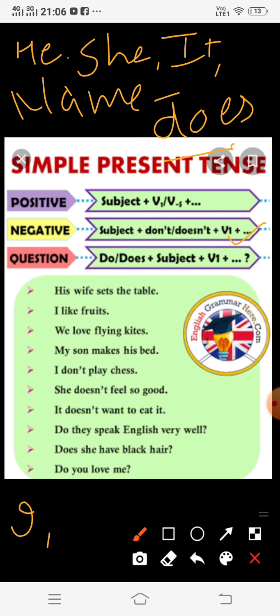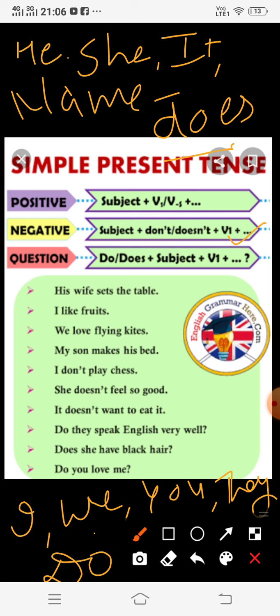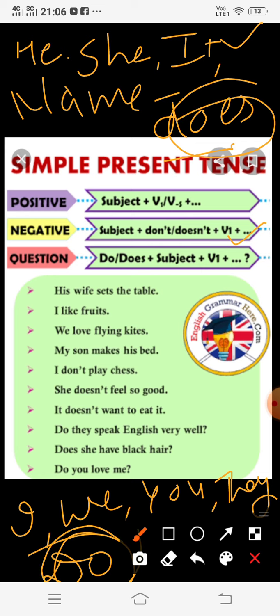In the same way, I, we, you, they will go with do. Take care. He, she, it, name, does not or does; I, we, you, they, do. I don't play chess.